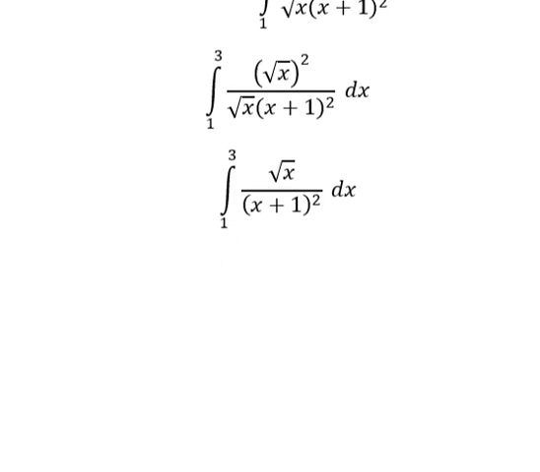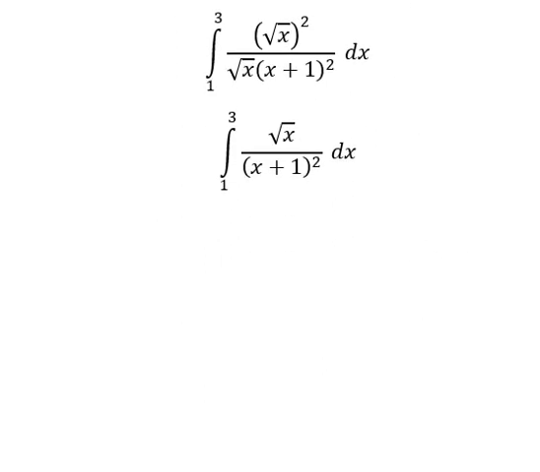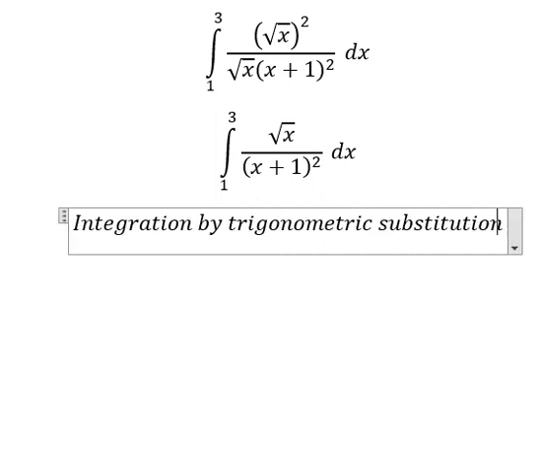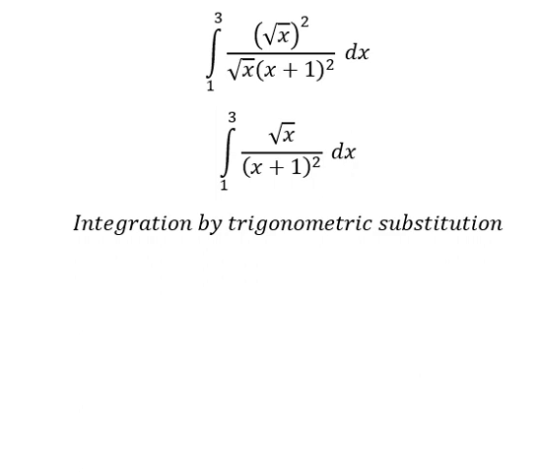Next, we can use about integration by trigonometric substitution. So I will put about x equal to tan t square, because if I put this one gone here, tan t square plus 1, we have secant of t square.